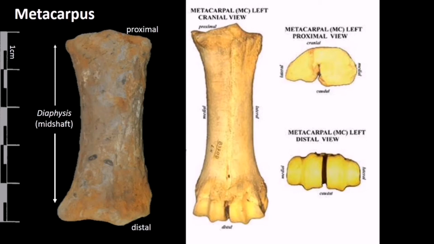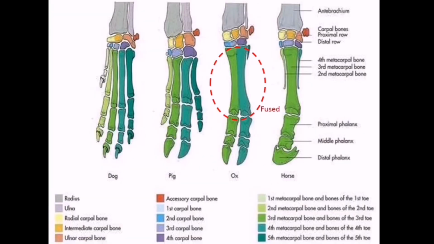What you see here is the cranial view, which is when you look at it from the front. Here's the diagram that I'm going to show you how different a cattle metacarpus looks, comparing to dog, pig, and horse.